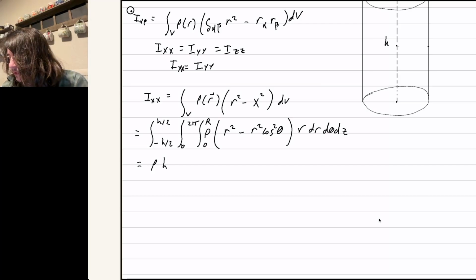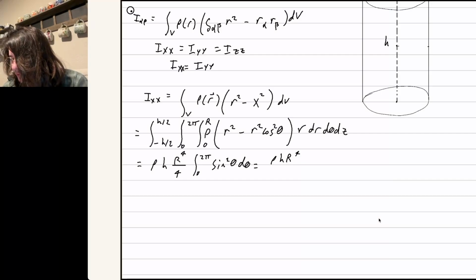The r integral, so you have r to the third on both of these things. So you're going to have r fourth over 4 for your result for the r integral. And then 1 minus cosine squared theta turns into sine squared theta. The result of that integral is just pi, so it's rho h r fourth pi over 4 for Ixx.